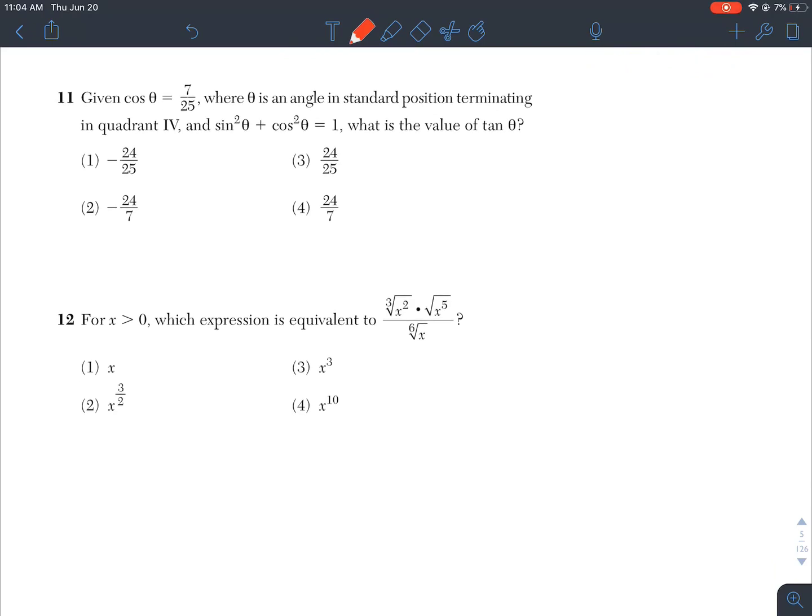Given cosine of theta equals 7 over 25, where theta is a standard position terminating in quadrant 4, and sine squared theta plus cosine squared theta equals 1, what is the value of tangent theta? Well, for me, I actually ignore the Pythagorean identity here, and I just graph it. In standard position here, it's going to be 4th quadrant.